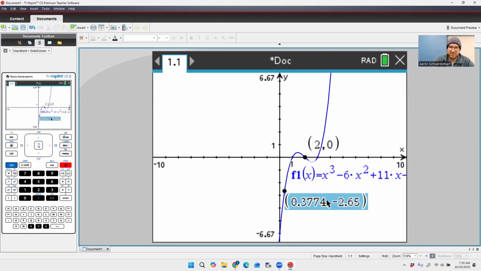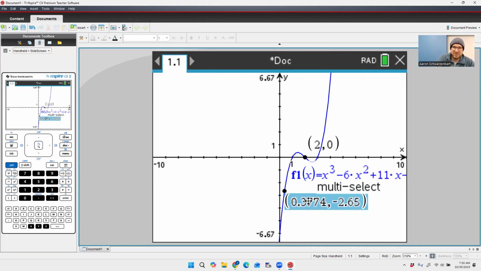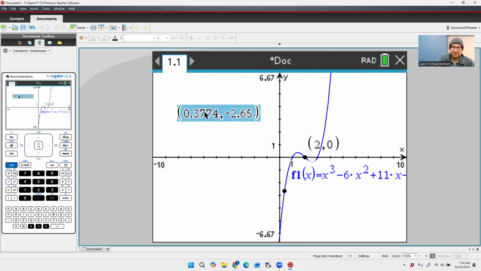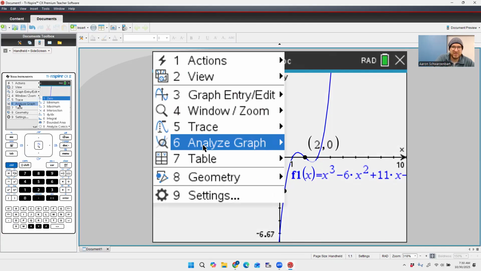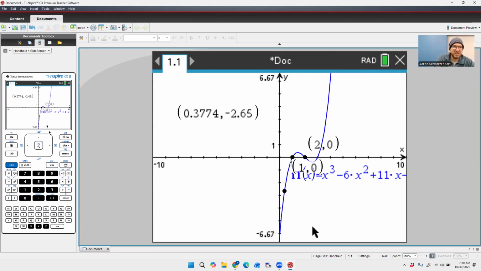I have no idea what this point is. So I just need to find all my relevant points, my zeros. It appears like this is going to be 1, 0, and the other one's 3, 0, but I'm going to check.